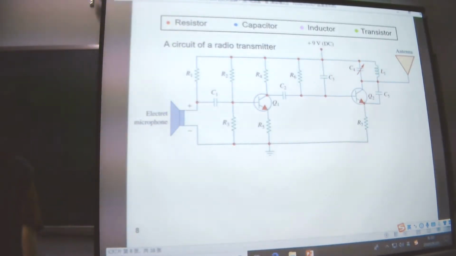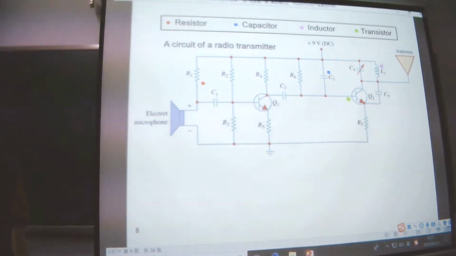This is the circuit of a radio transmitter. So we can see many electric circuits inside. And here we have resistor, like the red spot, and capacitor, like the blue one, and inductor, like the magenta, and the transistor, like the red. Okay.